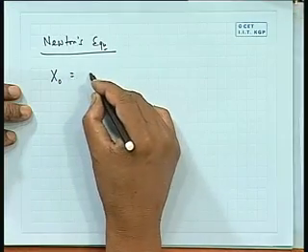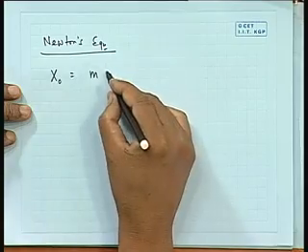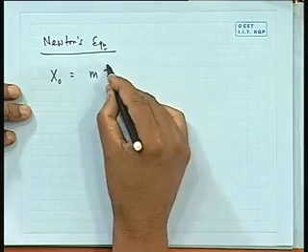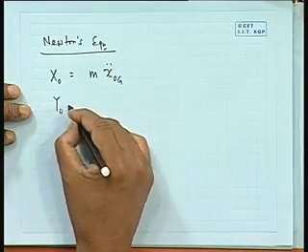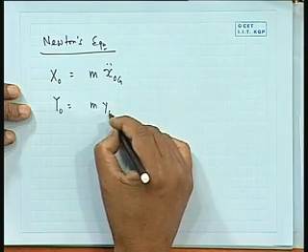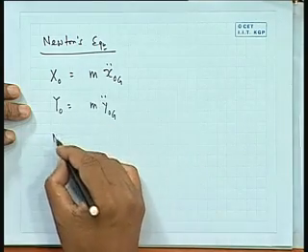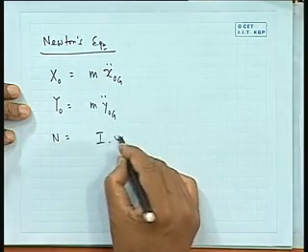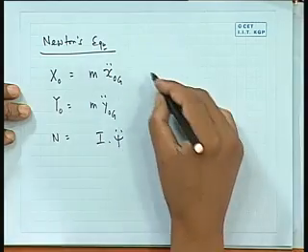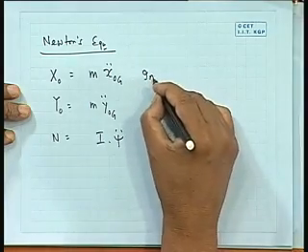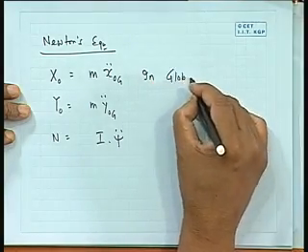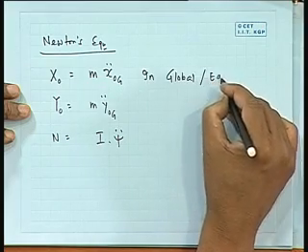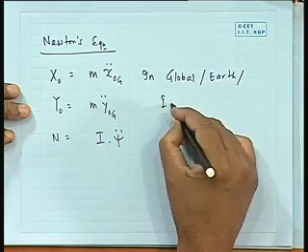So, we can say X0 equal to m, the mass, into x_OG double dot, Y0 equal to m into y_OG double dot, N equal to I into psi double dot. This is my Newton equation of motion in the global, earth, whatever you call, or inertial system.